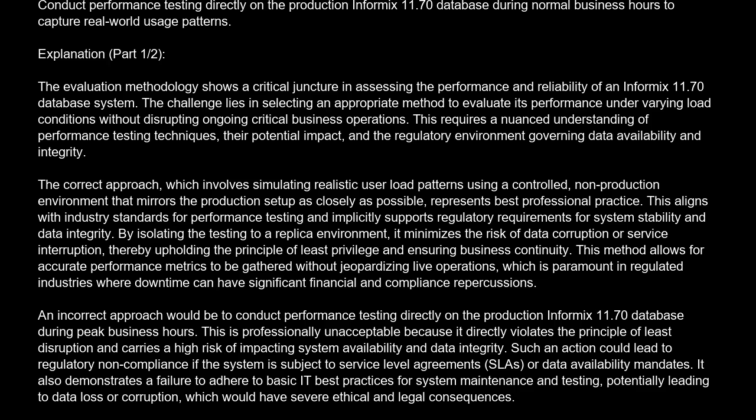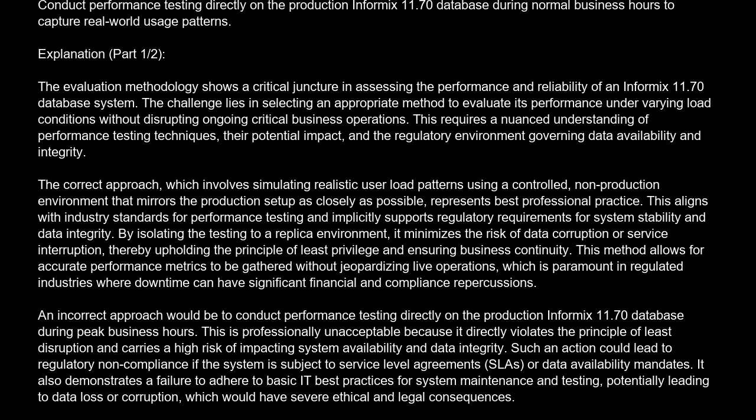By isolating the testing to a replica environment, it minimizes the risk of data corruption or service interruption, thereby upholding the principle of least privilege and ensuring business continuity. This method allows for accurate performance metrics to be gathered without jeopardizing live operations, which is paramount in regulated industries where downtime can have significant financial and compliance repercussions. An incorrect approach would be to conduct performance testing directly on the production Informix 1170 database during peak business hours.